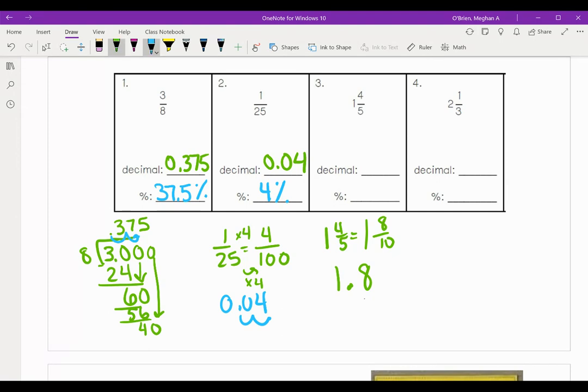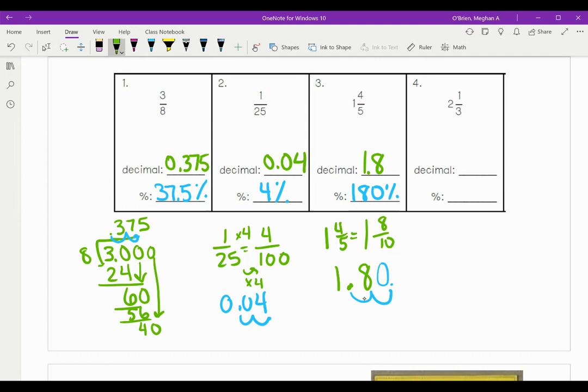Multiply that by 100 to turn it to a percent. So it would be there. I'd fill it in with a 0 and 180%. Does that make sense? Yes, because this fraction is more than one whole. So I know the percent will be more than 100%.